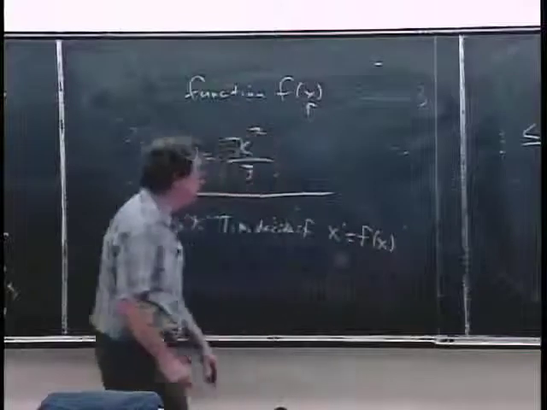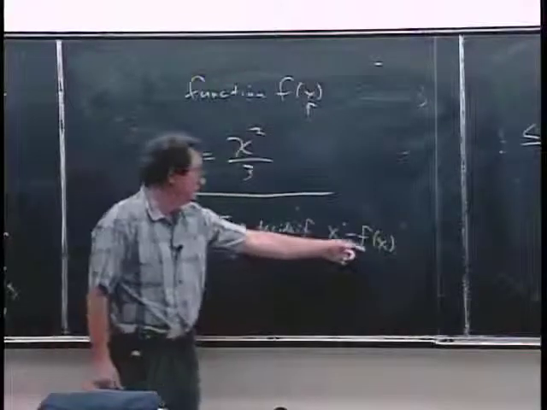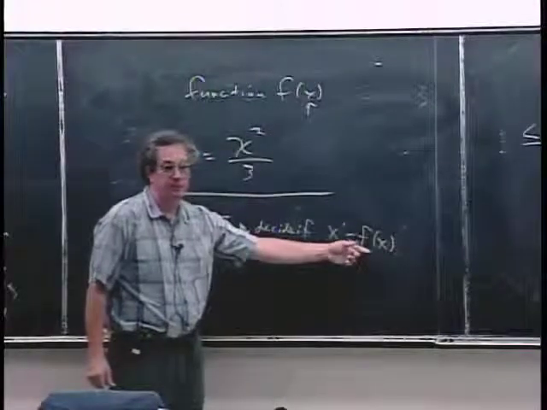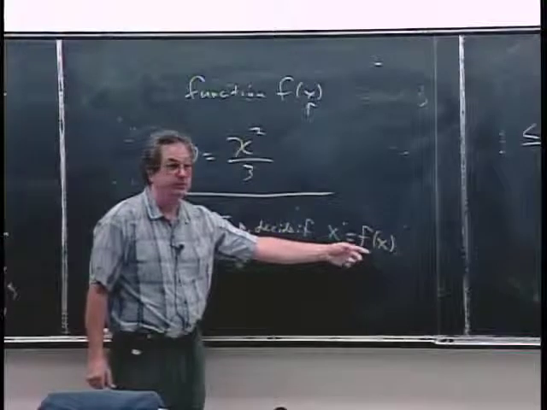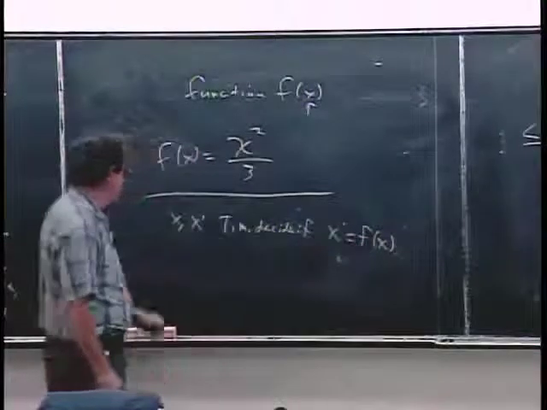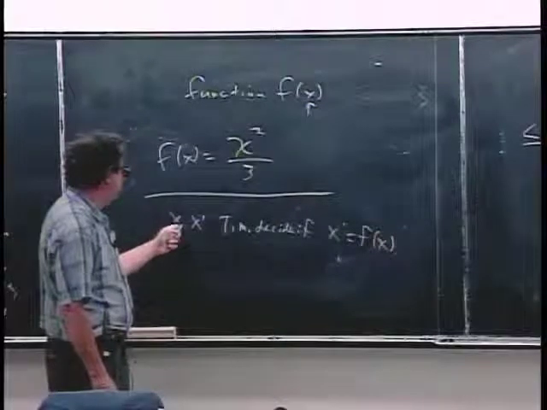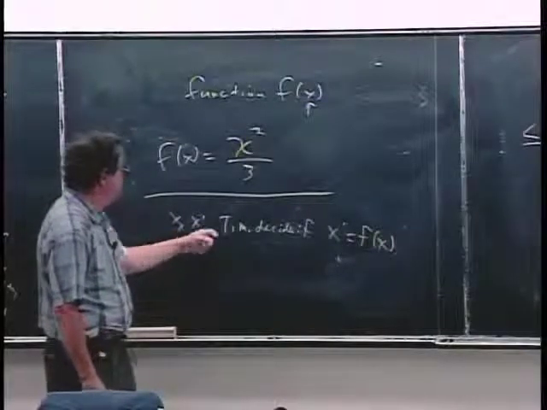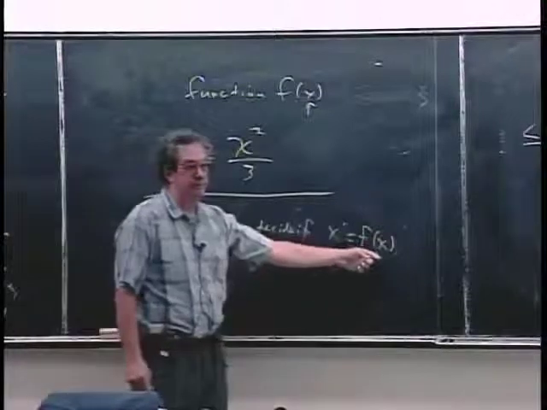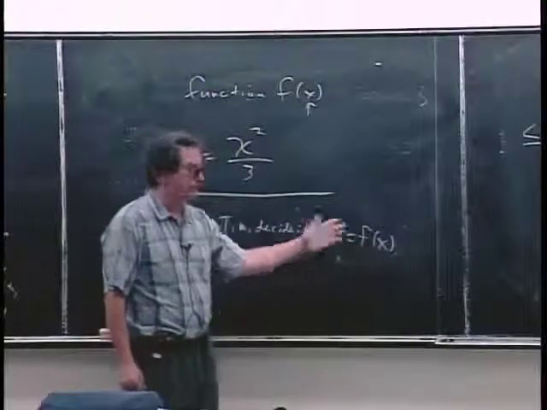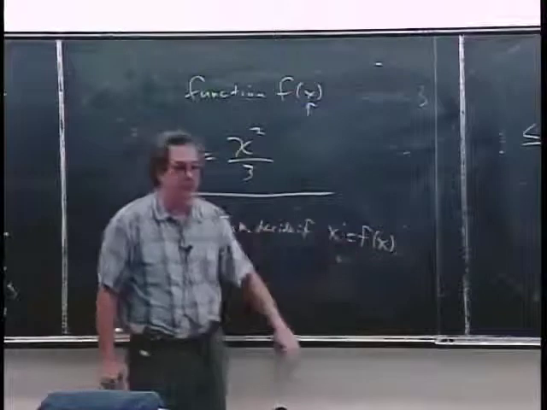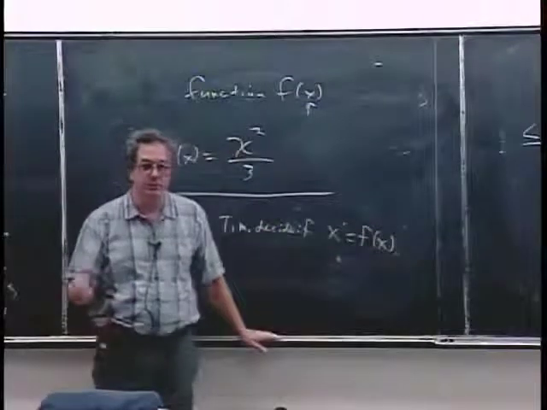Okay, so this is a Turing machine that's supposed to basically be computing the function f. And so then we can say, well, is there a Turing machine that can take in an x and an x prime and decide if x prime is in fact equal to f of x? So that is nicely consistent with our notion that a Turing machine either accepts or rejects.